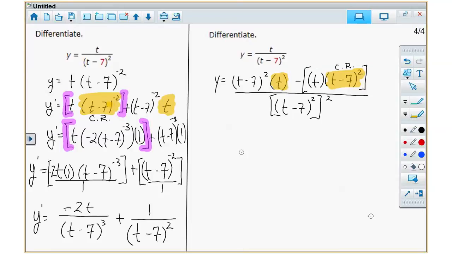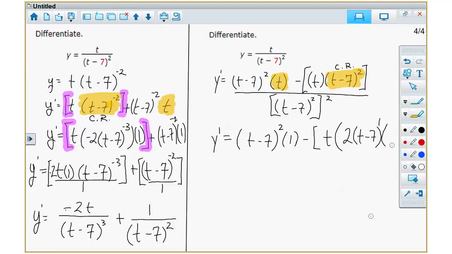Okay, let's take the derivative. Y prime is equal to t minus 7 times 1, minus brackets t, chain rule, 2 times t minus 7 to the 1 times what? 1.